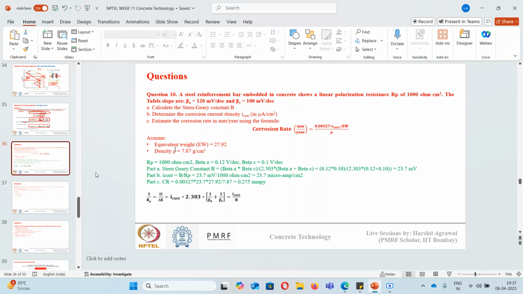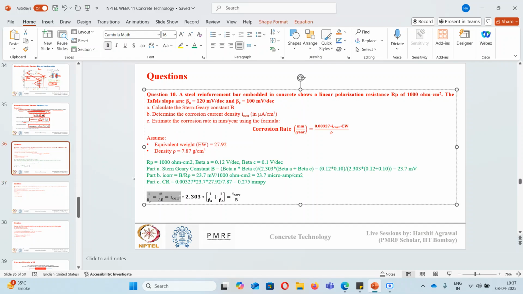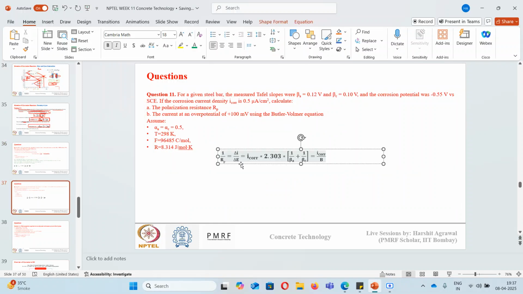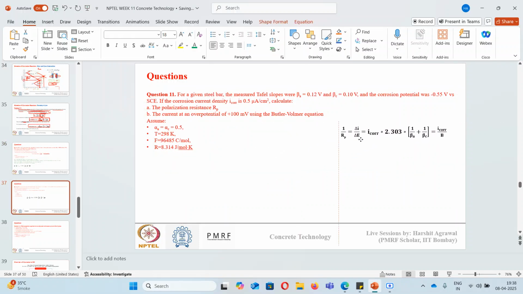I will just copy this formula so that it is easy for you to understand. For the first question, just give me the answer. You know all the values that are needed for calculating the polarization resistance.